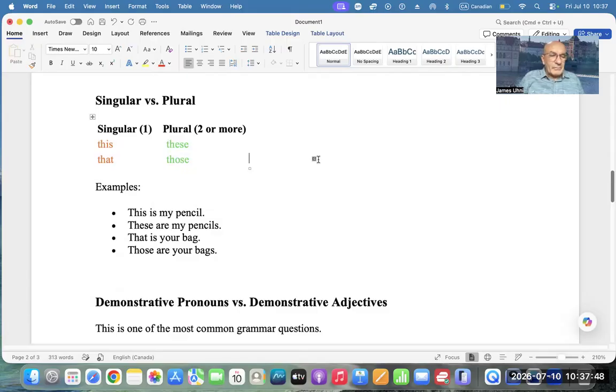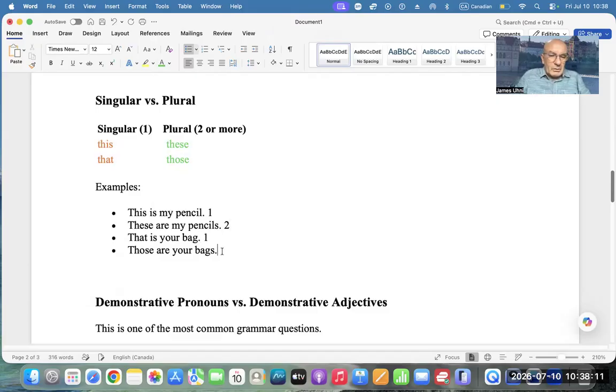Here we are. Examples. This is my pencil, means one. These are my pencils, two. That is your bag, one.